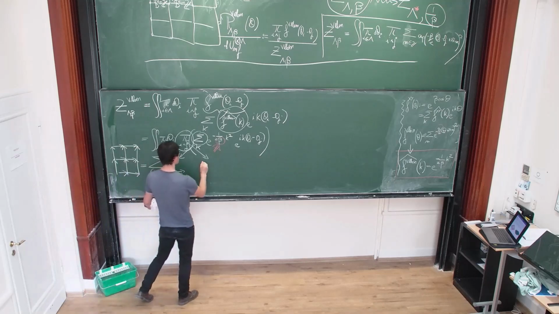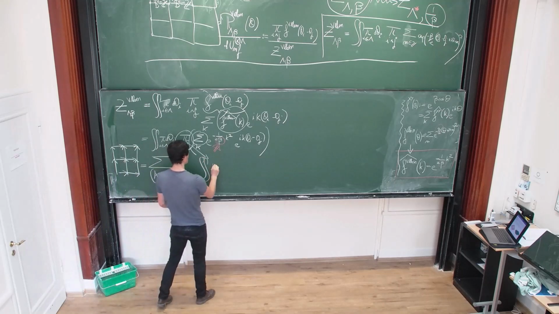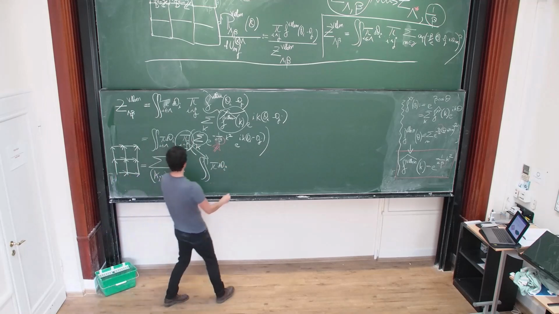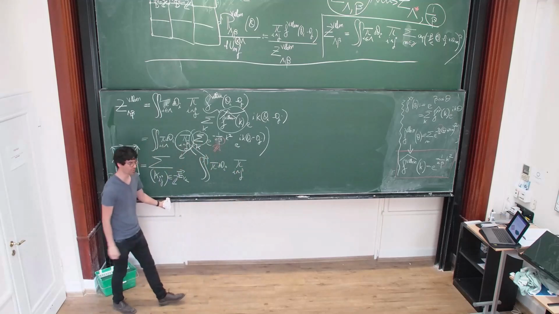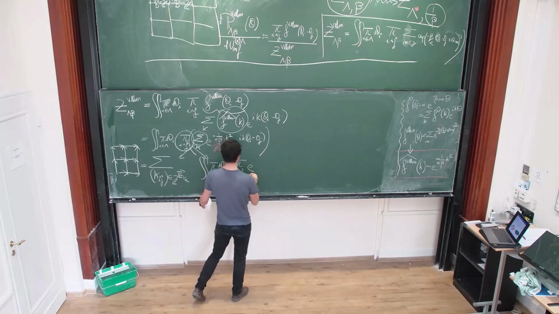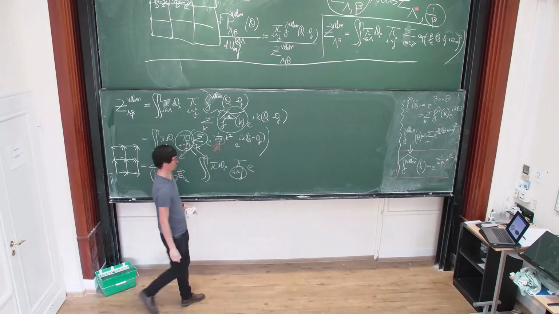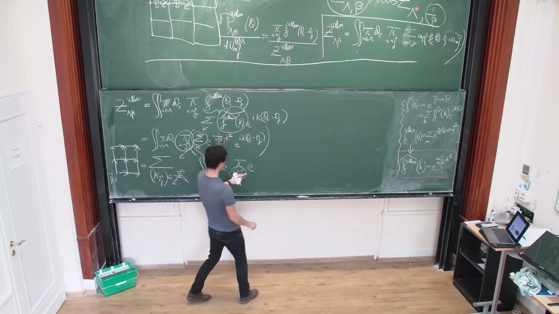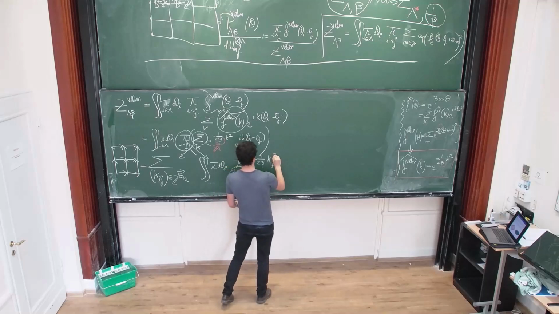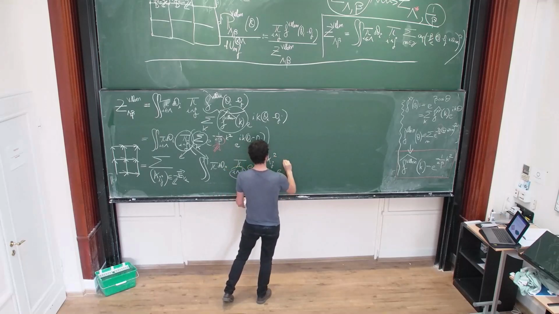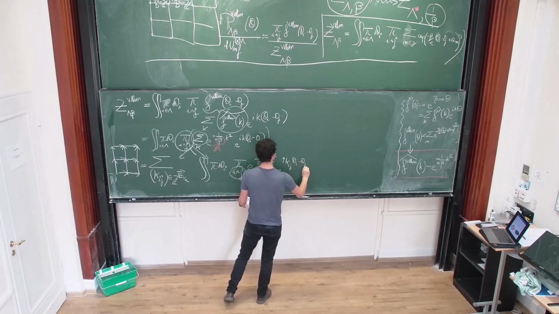And what do I have here? I still have my integral, product of d theta i, and then the product over all the edges in my graph, lambda of E. For each chosen directed edge, 1 over 2 beta k ij squared, e to the i k ij (theta i minus theta j).